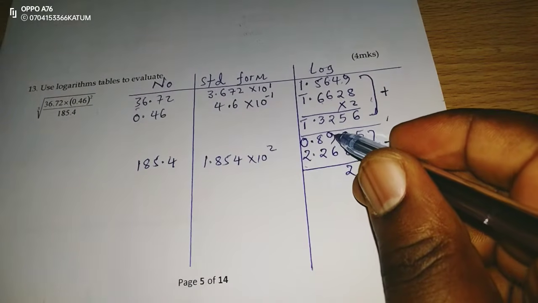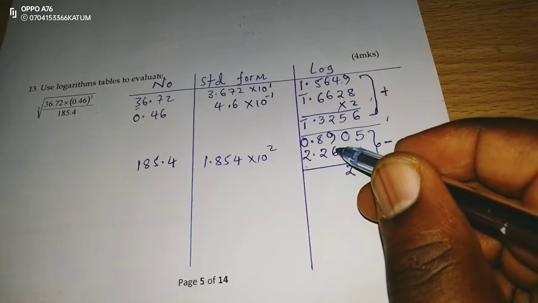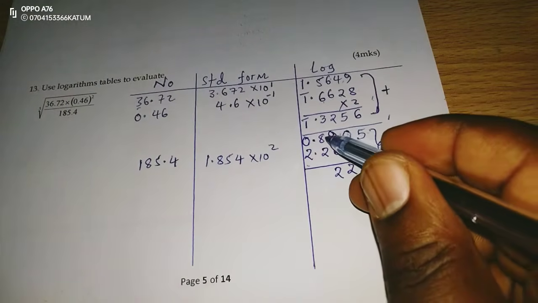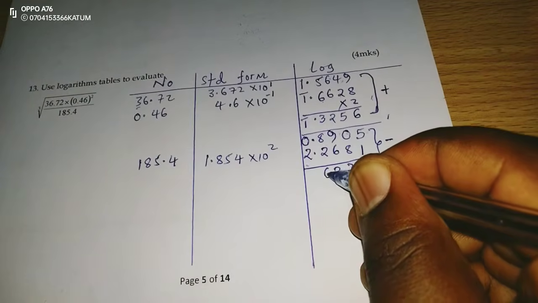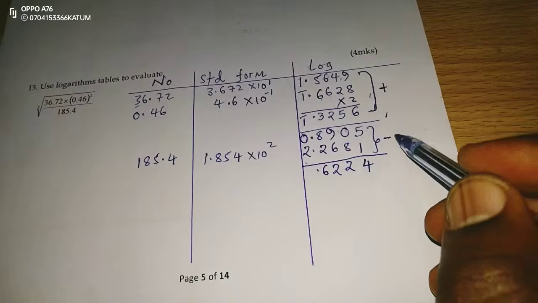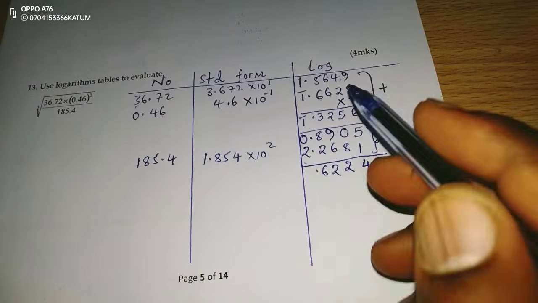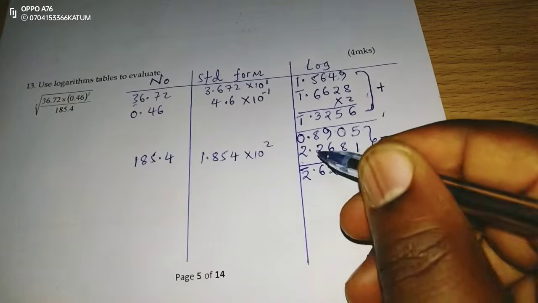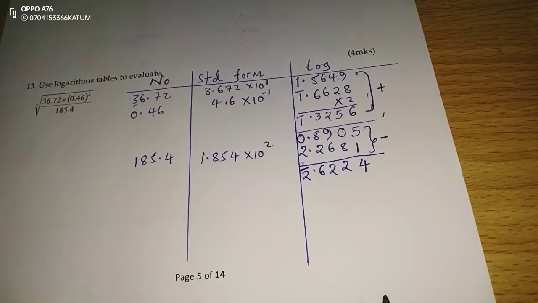This, after borrowing 1, became 8 minus 6 to give us 2. This is 8 minus 2, gives us 6. Point. We have 0 minus 2, so we get bar 2. Instead of minus 2, we write bar 2 in logarithms.